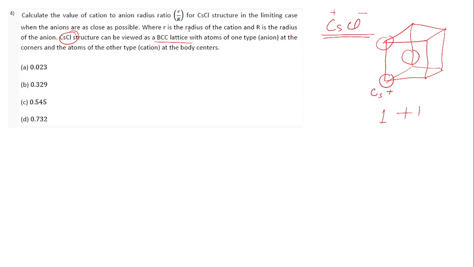Now we have to find out the radius ratio of cation to anion. The cation radius is small r, and the anion radius is capital R. Now let's say the lattice constant is A, and it's BCC, meaning all sides are equal.